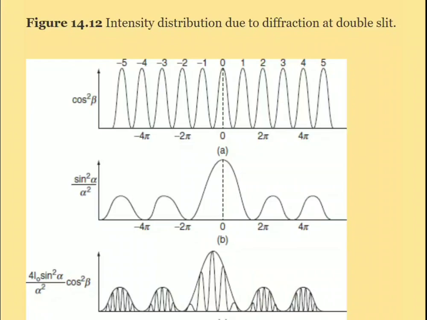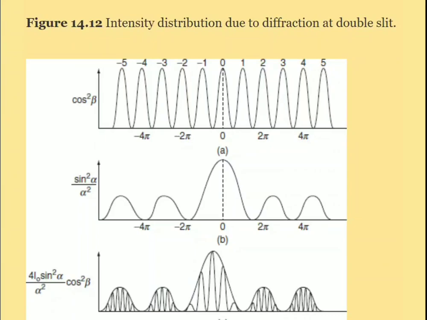In that diagram, the outer line indicates the diffraction pattern due to each slit, and the inside curves represent the interference pattern. So this is the final intensity distribution curve for Fraunhofer diffraction due to double slit.